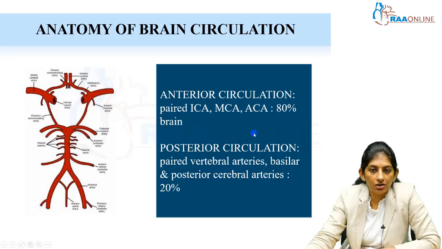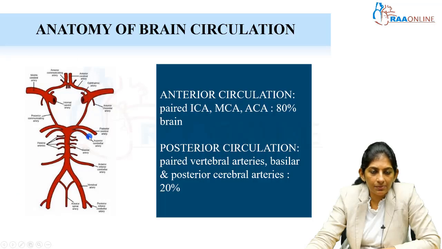Anterior circulation contributes 80% of the brain's blood supply, whereas posterior circulation contributes only about 20%. The anterior circulation is by the two internal carotid arteries, from which the MCA and ACA arise. The posterior circulation is from the paired vertebral arteries, which join together to form the basilar artery and the posterior cerebral arteries.